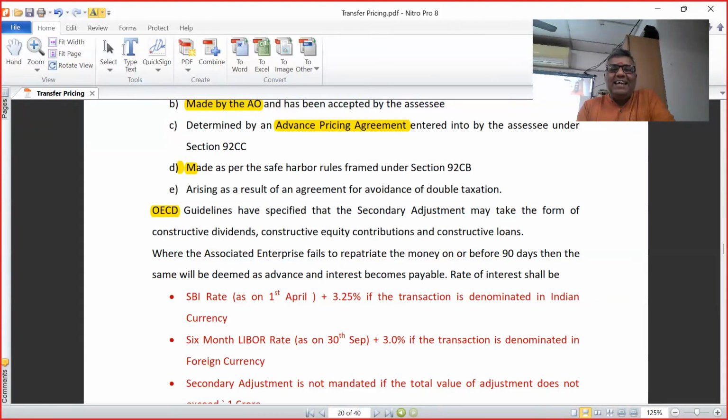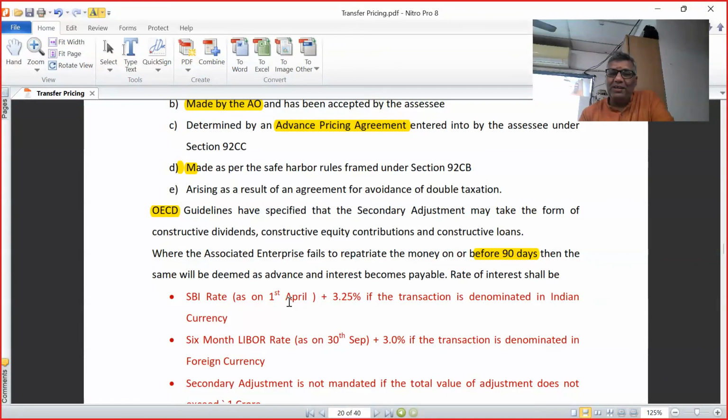OECD guidelines have specified that secondary adjustment may take the form of dividend, equity contribution, or any loan. You give it, money should be given. So it is international now. Where an associated enterprise fails to repay the money within 90 days, the same will be deemed a loan.